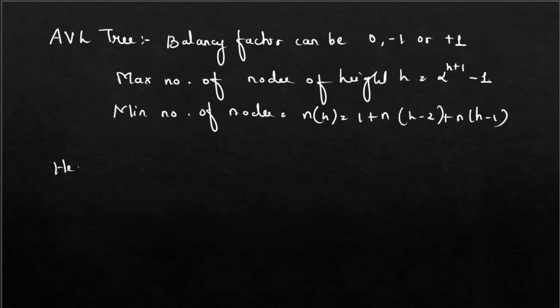Let's discuss heap. A heap is a complete binary tree with the property that the value at each node is greater than or equal to the values of its children.